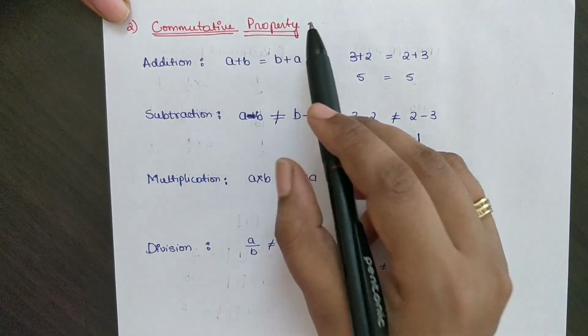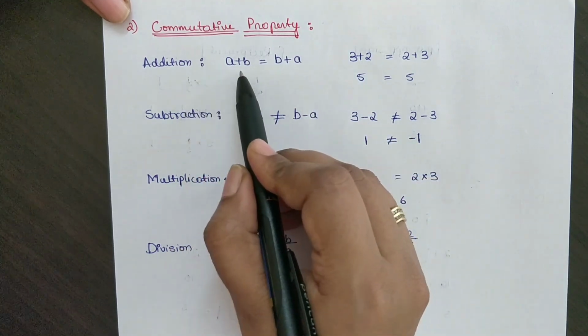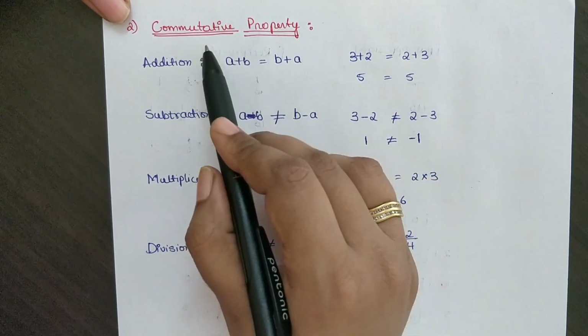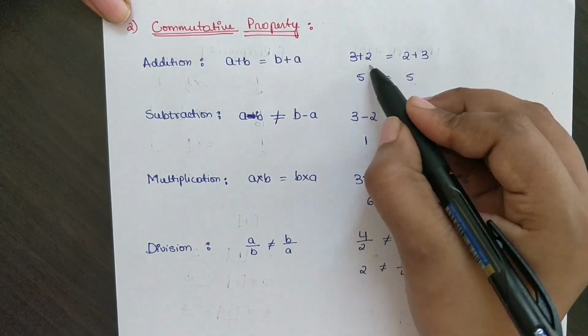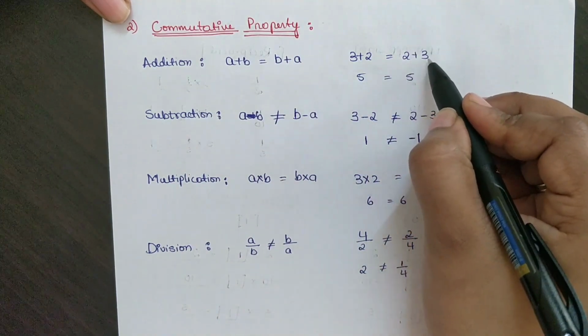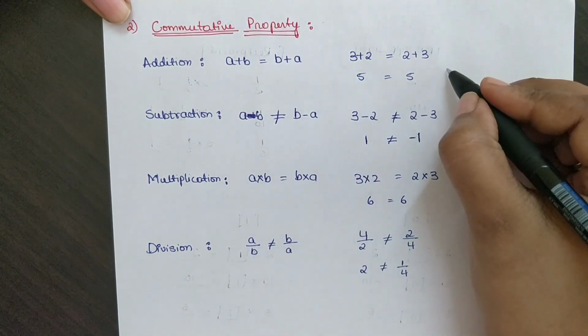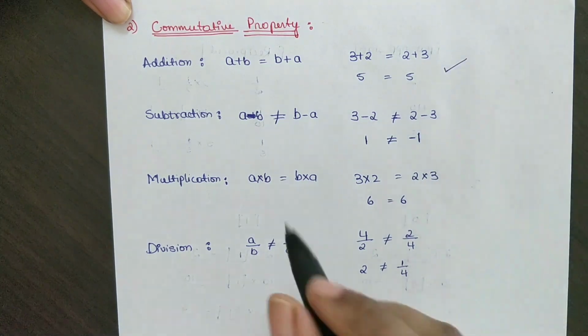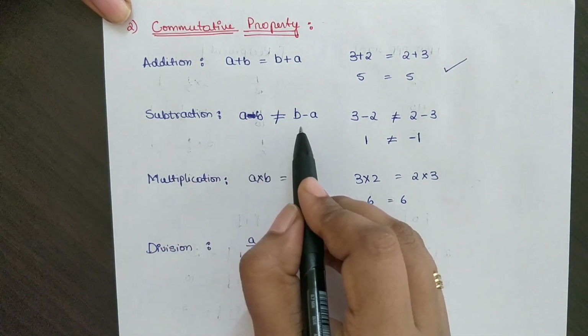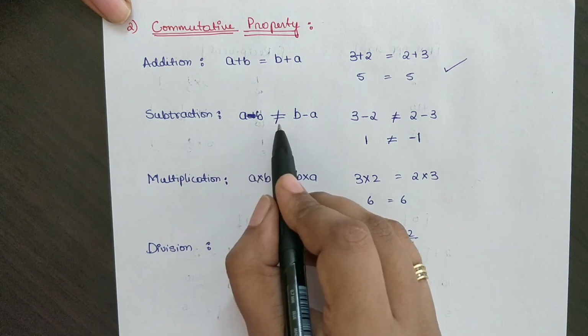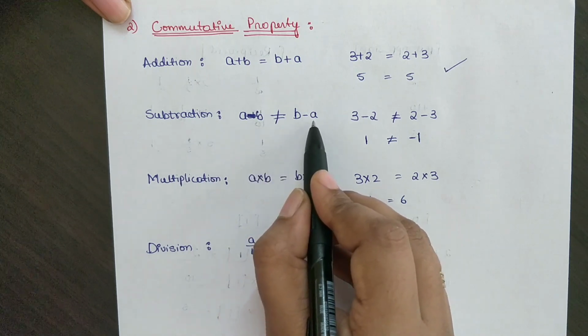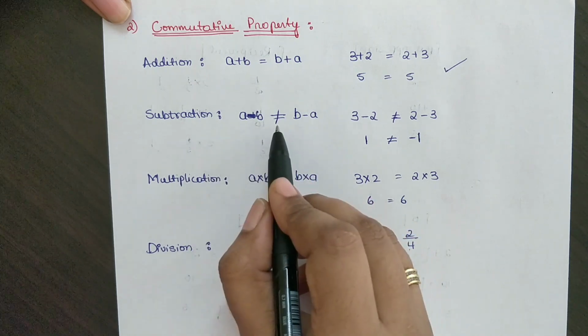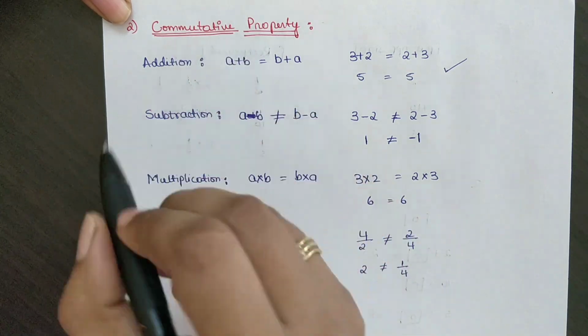Commutative property. Addition of two integers obeys commutative property. 3 plus 2 equal to 2 plus 3. 5 equal to 5. Subtraction of two integers, a minus b is not equal to b minus a. That means it does not obey commutative property.